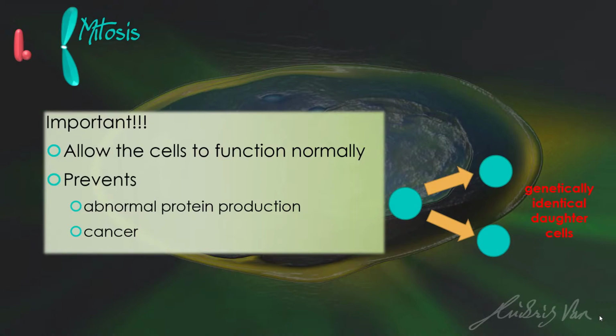This is basically, don't try to fix something that is not broken. When the original cell is working properly, you do not try to modify it, because if you modify it, things might go wrong. So it is important for the daughter cells to be genetically identical, not just to each other, but also to the previous cell where it was divided from.